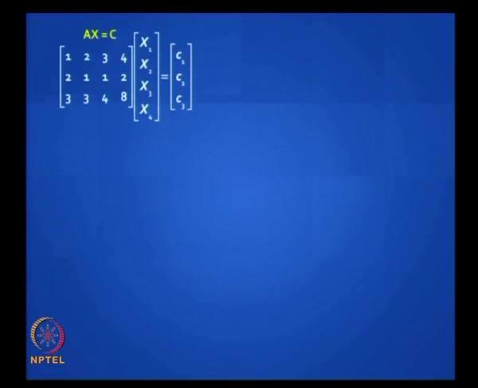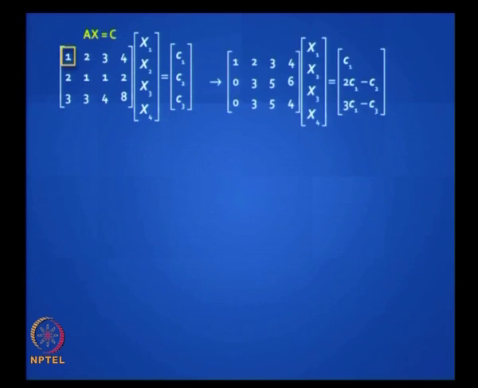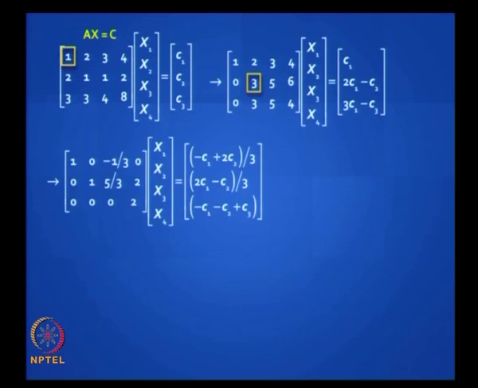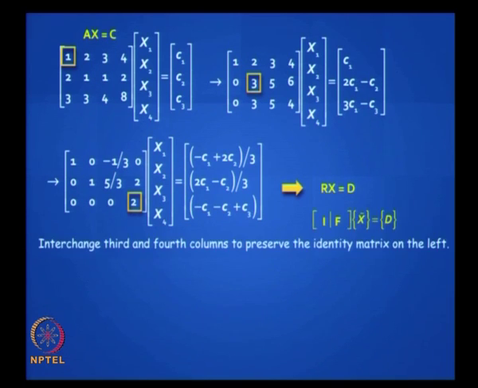So let us take an example like this: Ax equal to C. You run this operation till you end up with the row reduced echelon form. You do not have to check on consistency, but to make it look like an identity matrix, sometimes you have to interchange rows; you know that operation.